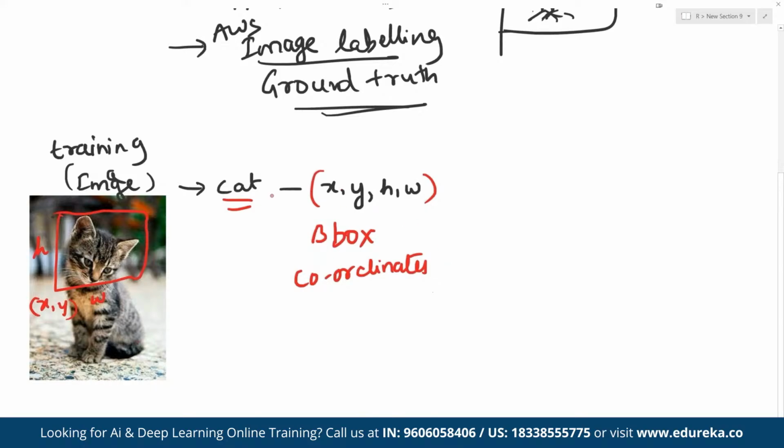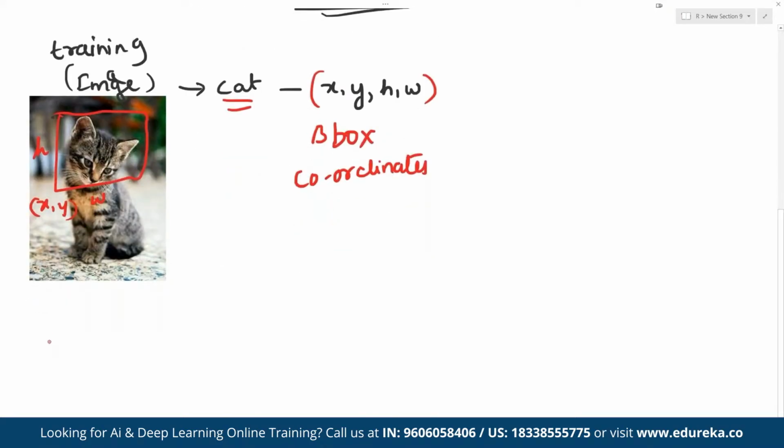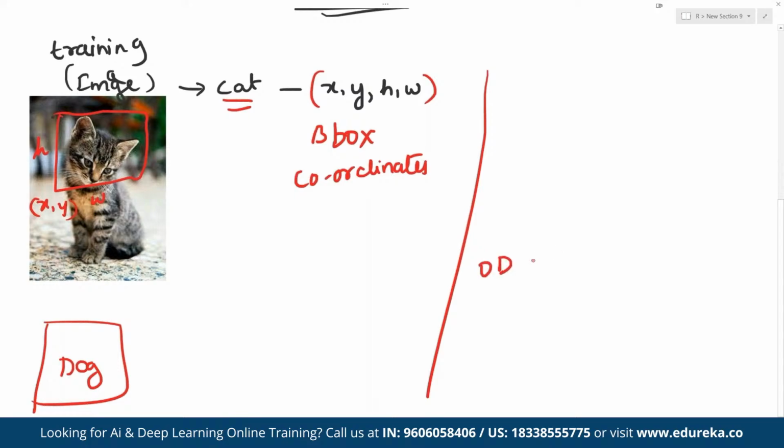Now, once I have the data, let's say I'm building a classifier which detects whether a cat is present. Similarly, I'll build a classifier for whether a dog is present. Likewise, let's say I'm building a simple object detection classifier which says whether my given input image has a cat or a dog, and if either is present, it also gives me the bounding box.